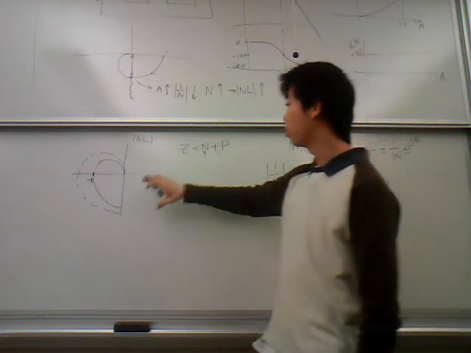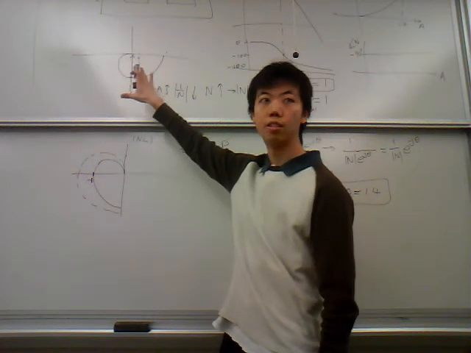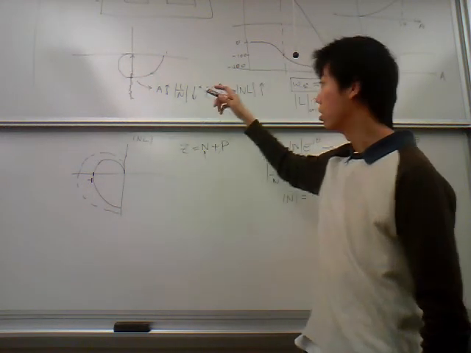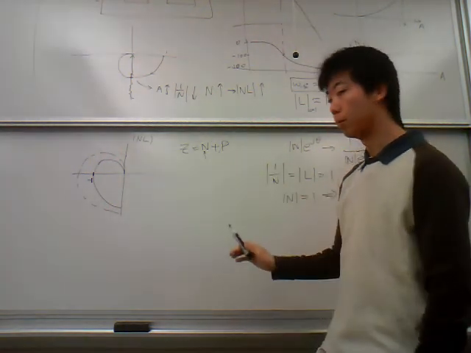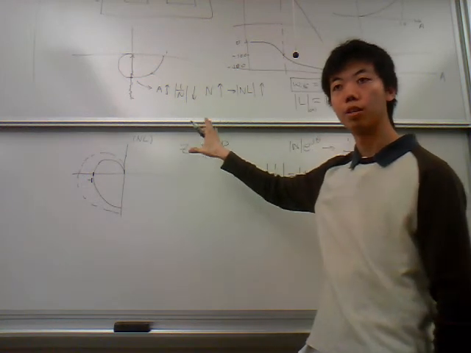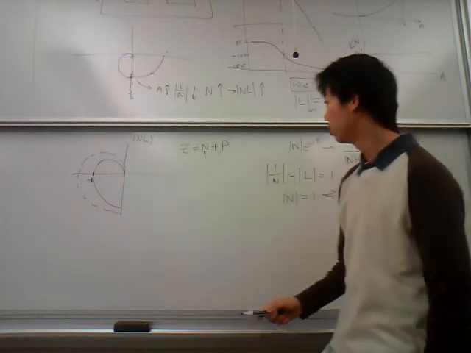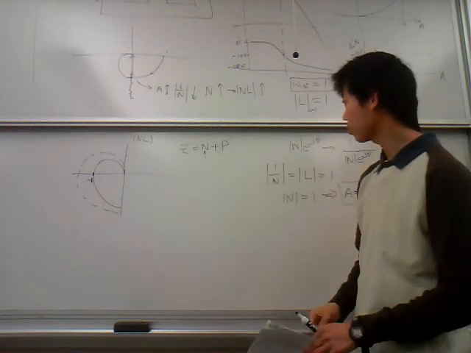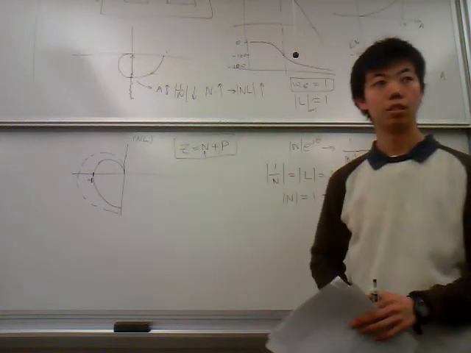So that's the basic intuition behind this analysis. That if it goes in and it's encircled, then it's unstable. Later on, if we have time, I'll show you a case where this gets a little bit more complicated. But for now, this analysis holds. So remember the Nyquist criterion.